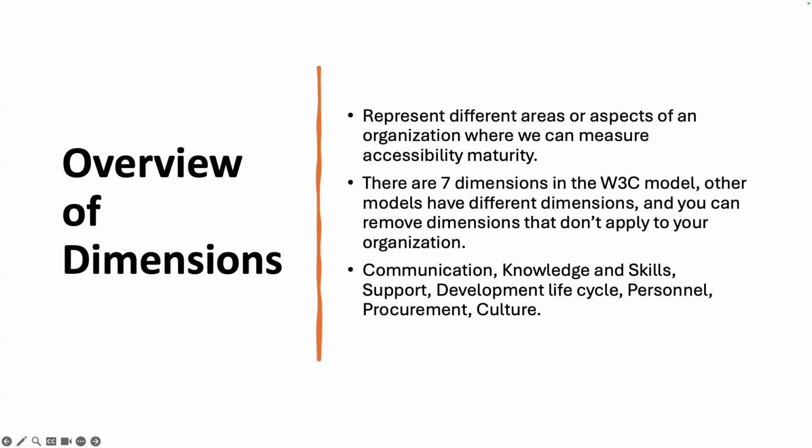If, for example, your organization does not acquire any third-party tools, then you probably don't need a procurement dimension. It depends on the needs of your organization, and it is flexible. You can remove things if they don't apply to you, and add things if you feel the need to. The 7 dimensions are communication, knowledge and skills, support, development and life cycle, personnel, procurement, and culture.